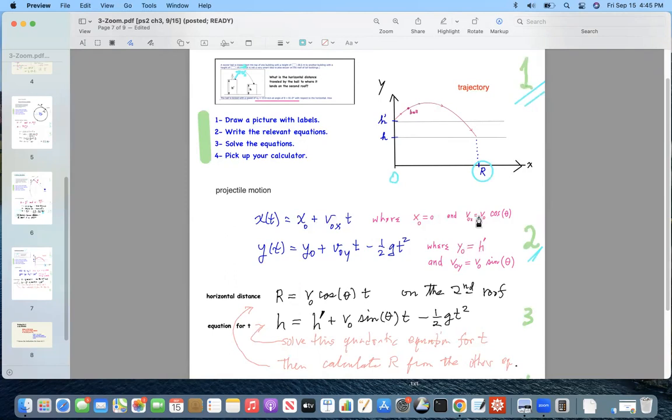Now v0x is v0 cosine theta, because if I draw a little picture, a little triangle here for the velocity vector, I have this little right triangle. And here's the angle theta. So there's the angle theta, which is given in the problem.